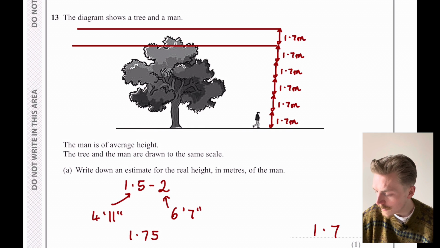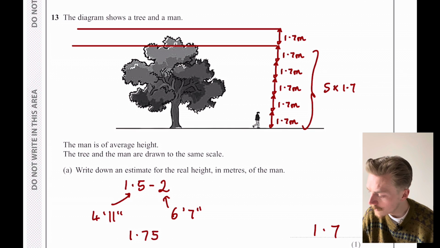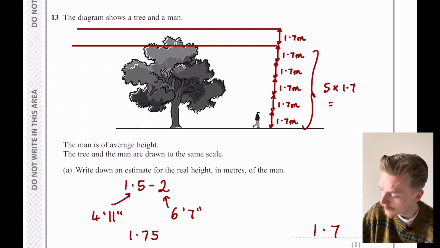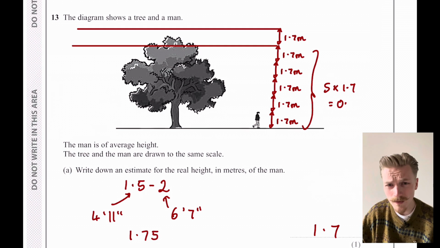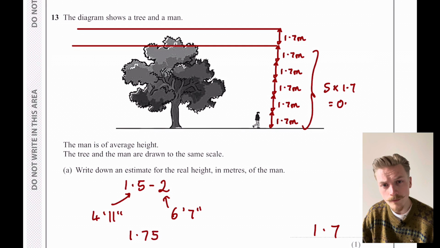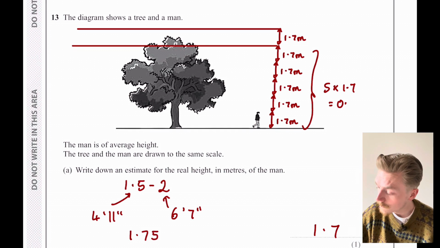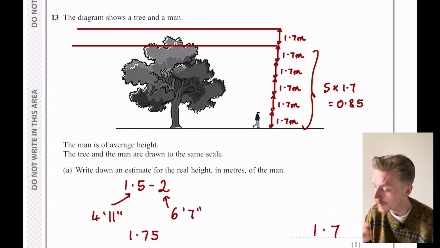So I've got 1.7 5 times, that's 5 lots of 1.7. So 5 lots of 1.7 is going to be 7.5? 0.75? What am I doing there? That's completely wrong. 5 times 1.7. 10 times 1.7 is 17. Half of 17. 8.5. 0.85. That makes more sense.